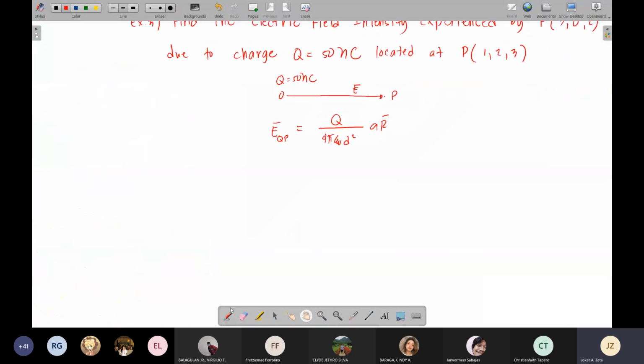You will start with the vector direction. Okay? The vector direction from the charge going to the point will be vector sa point minus vector sa charge.